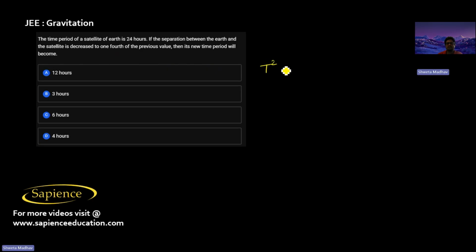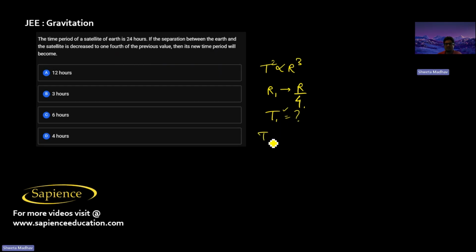You know that T square is directly proportional to R cube. So the new separation is R by 4. The new time period, let's say T1, we have to find.